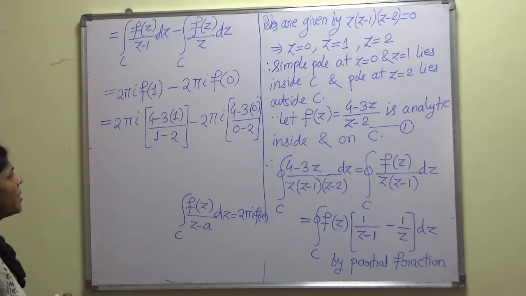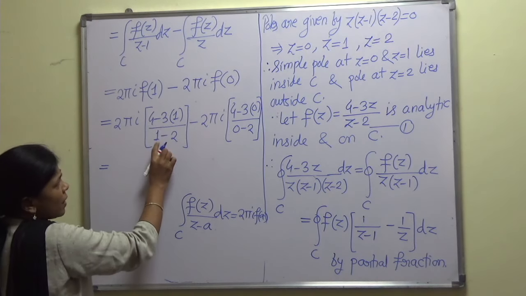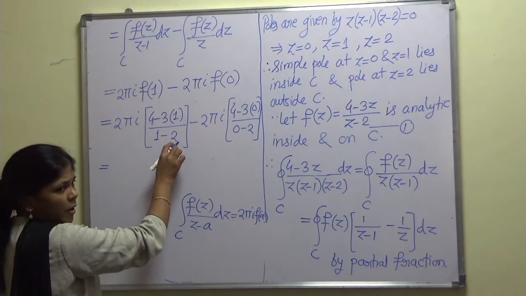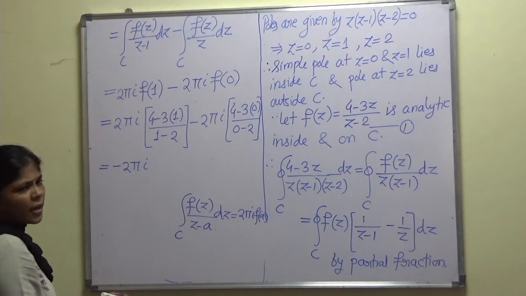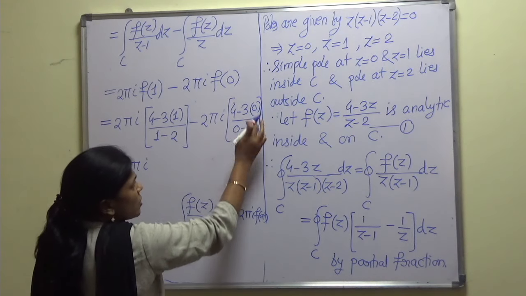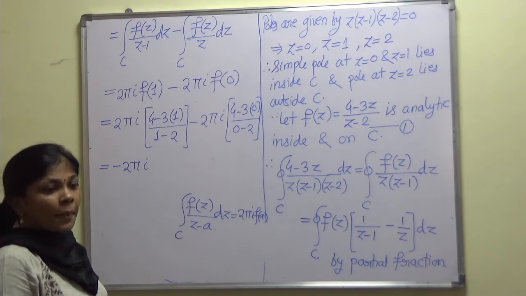Simplify. It is 4 minus 3, 1, upon 1 minus 2, minus 1. So 1 upon minus 1 is minus 1, so it is minus 2 pi I. See here, 4 minus 0, that is 4 by minus 2, which is minus 2.